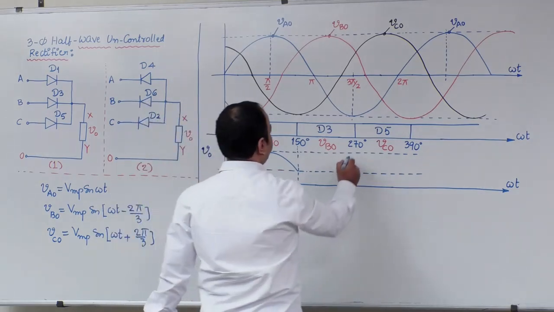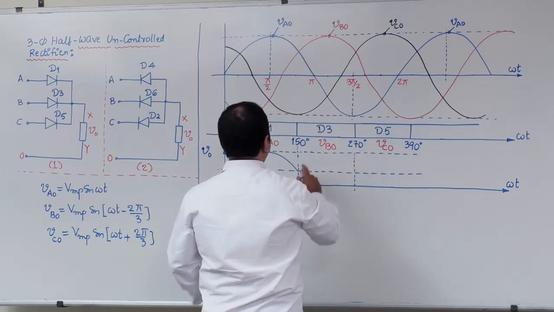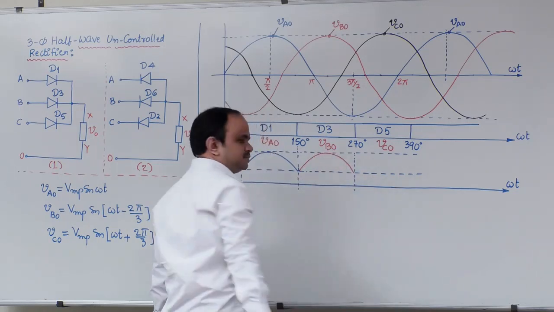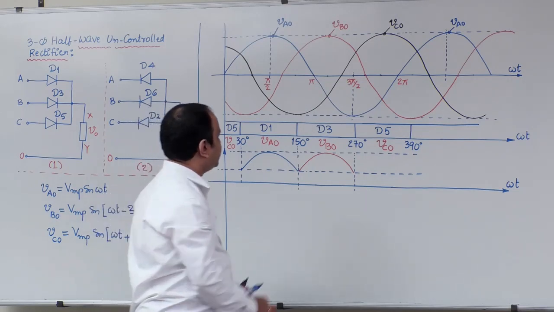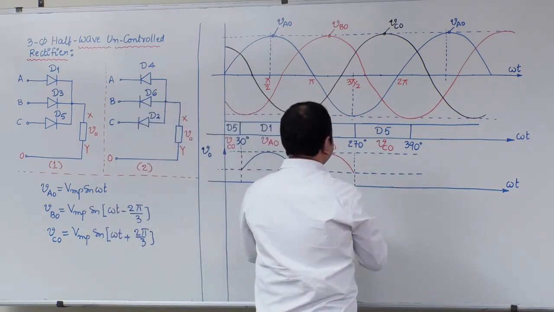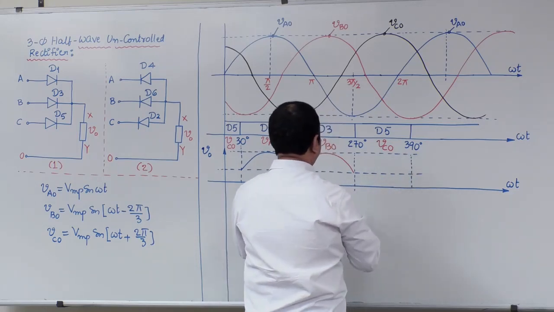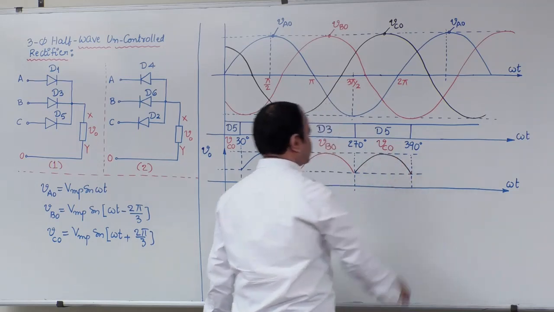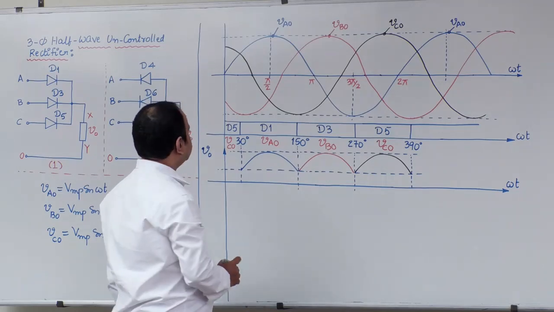Next, from 150 to 270 degree, VBO, the red color sinusoidal, is like this. Next, 270 to 390 degree, VCO, the black sinusoidal, is like this.